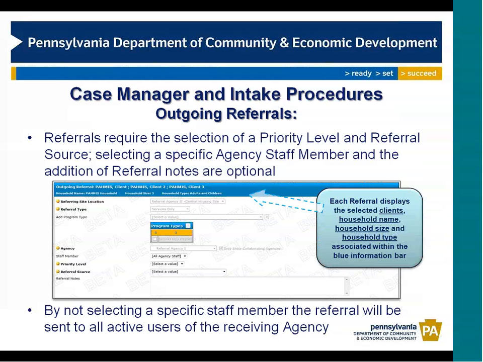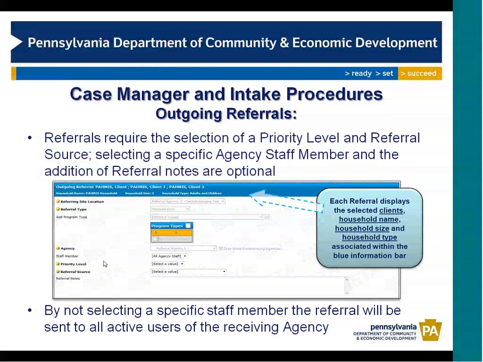Once you've selected the household and you're happy with the data, you hit continue again, and the system will open up the screen again, and you'll have about 4 more data elements to fill out. 2 of them are optional, 2 of them are required. The next ones are the staff member, priority level, referral source, and a section for referral notes.